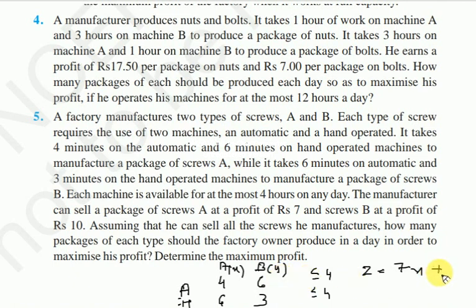Our intention is to maximize this, subject to 4x plus 6y less than or equal to 4 and 6x plus 3y less than or equal to 4. Obviously x and y must be greater than or equal to 0. Many students will think these kinds of verbal problems are a bit difficult, but they are not actually difficult. You can do these problems very easily.